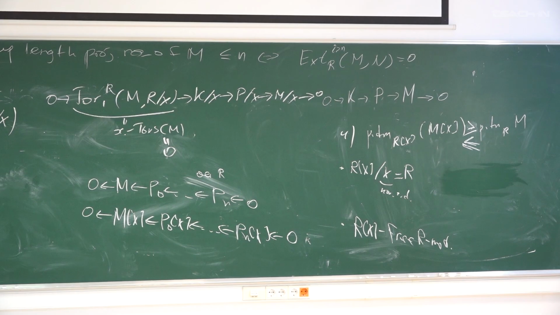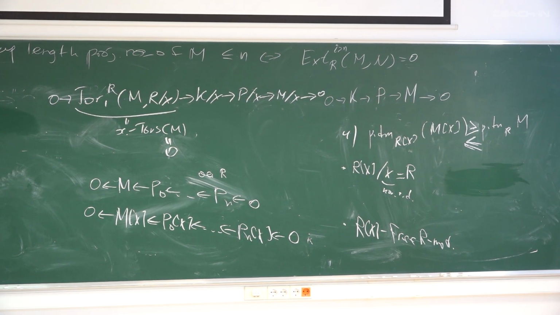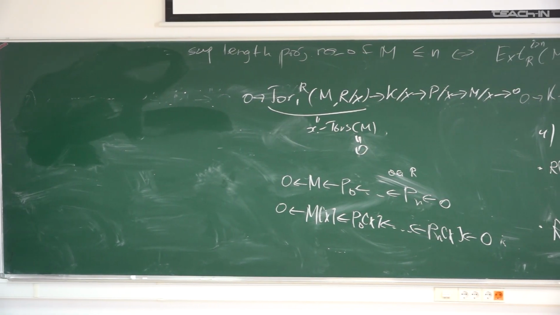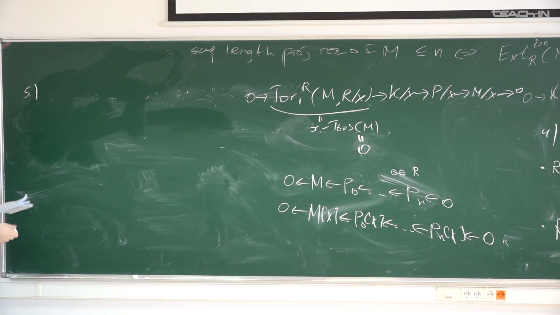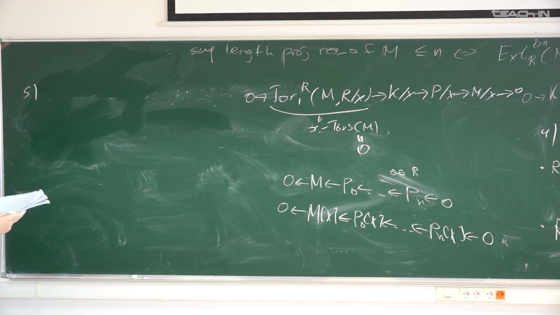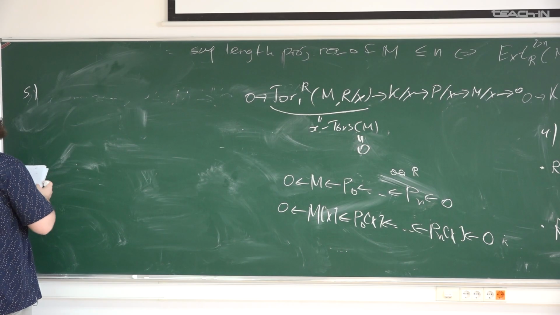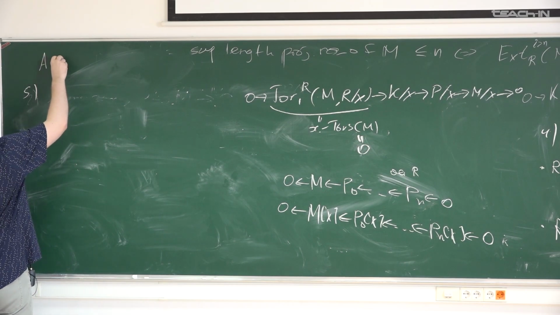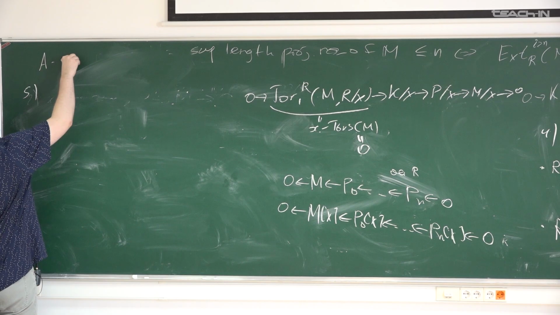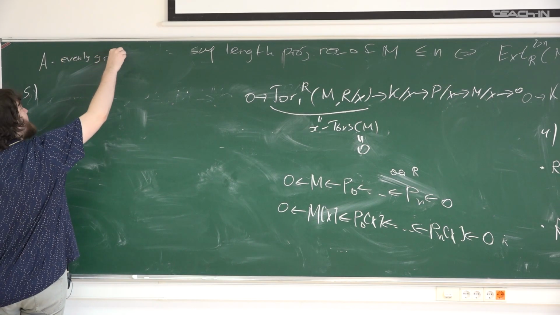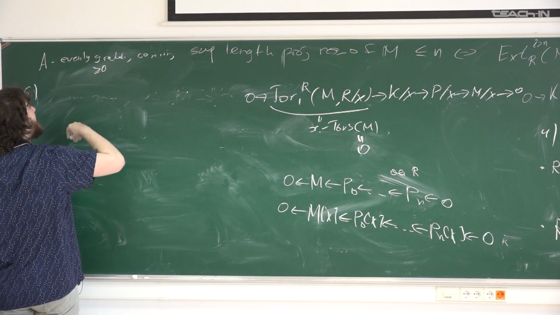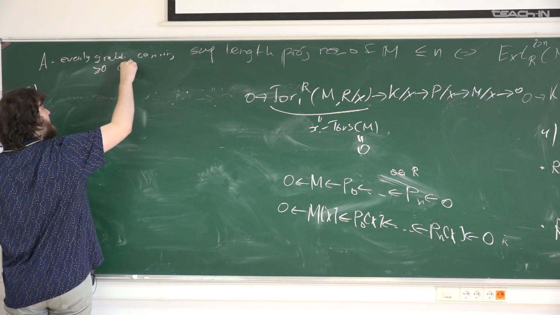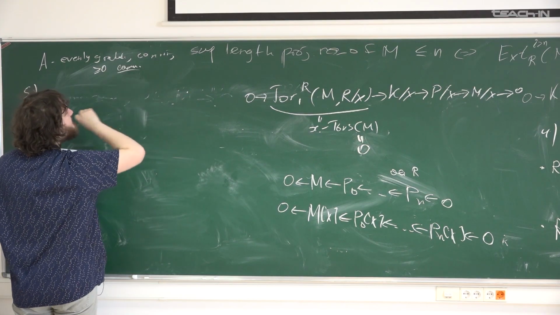Okay. And the last one is now in our graded or local situation when we have Nakayama lemma. In this setting, we have the following thing. Now let A be evenly graded, connected, non-positively graded, commutative algebra, because all our rings are commutative for simplicity.